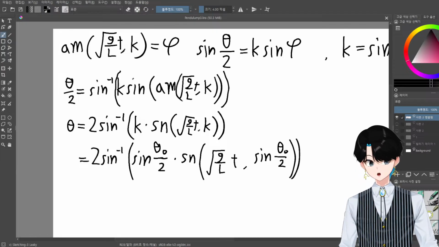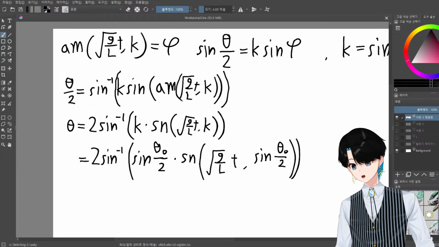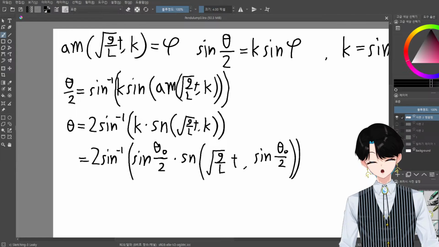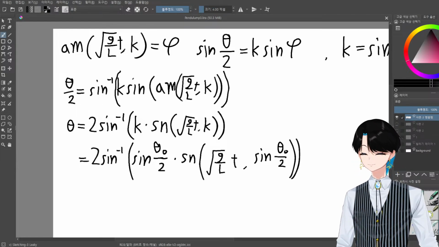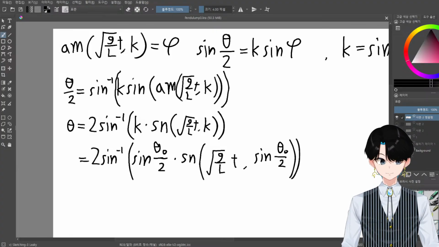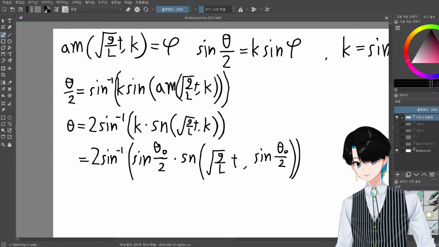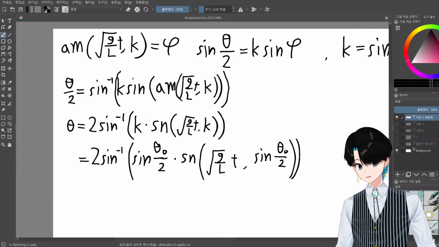Oh, elliptic integrals. Okay, excuse me for a second. The part that I'm going to do right now is actually going to require some energy.